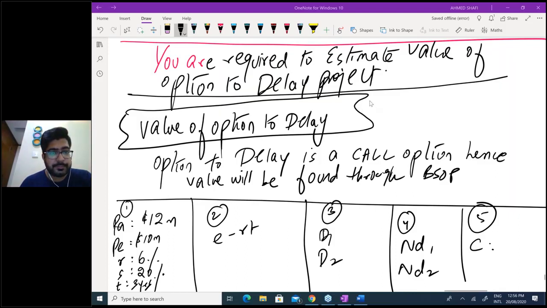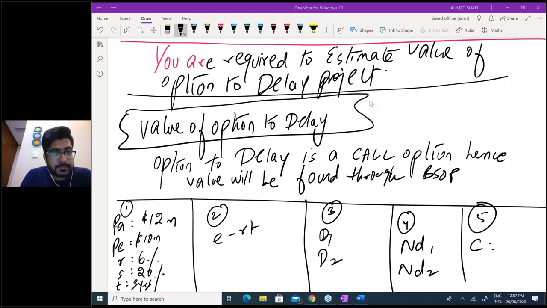Aman Bafra, you are getting the wrong values. Yes, you will get either option to delay or expand or early exit, and you will use BSOP.